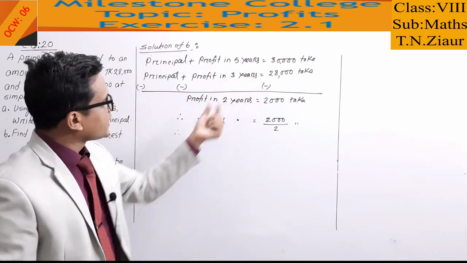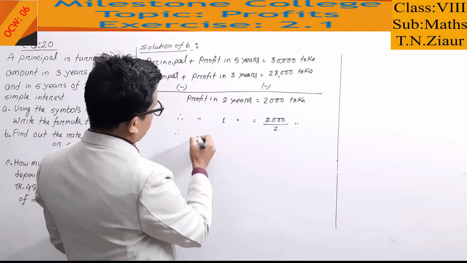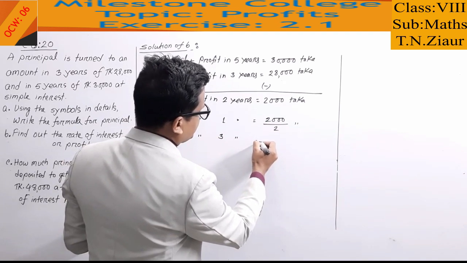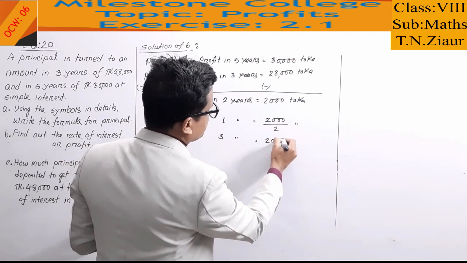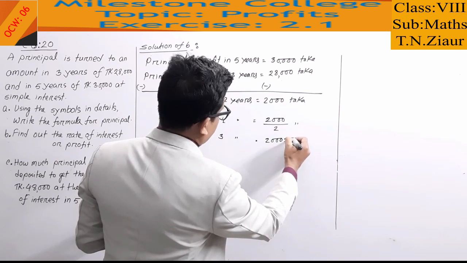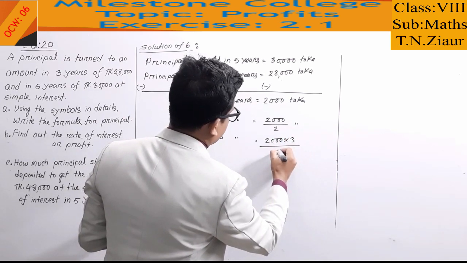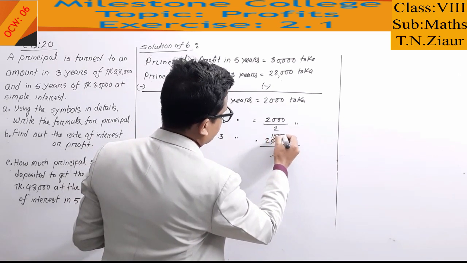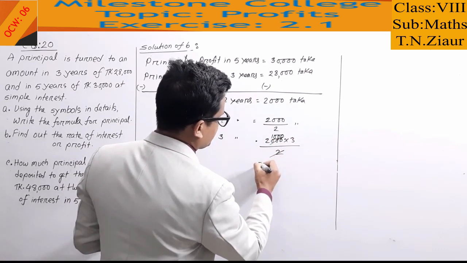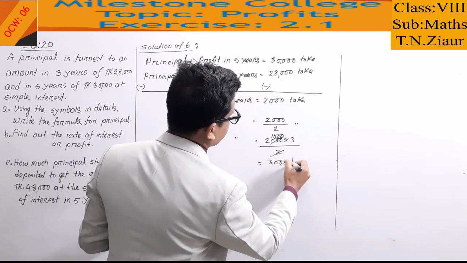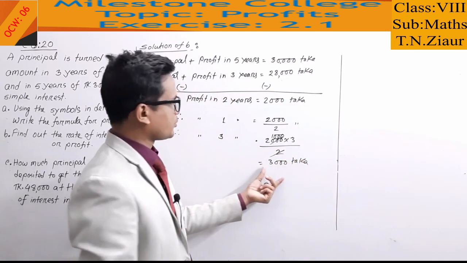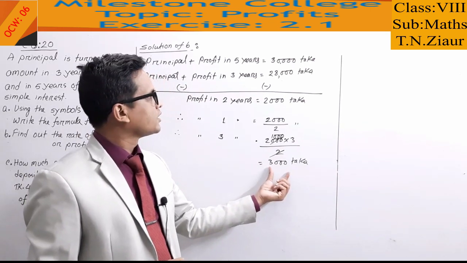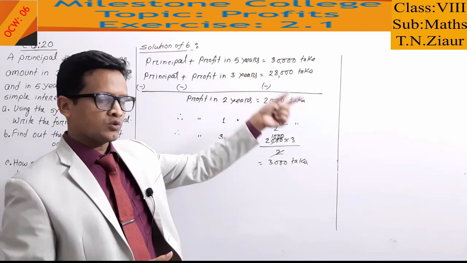If I find the 3 years, 1,000 times 3 is 3,000 taka. So the profit in 3 years is 3,000 taka. But if you want to find it for 5 years, it will also be correct.